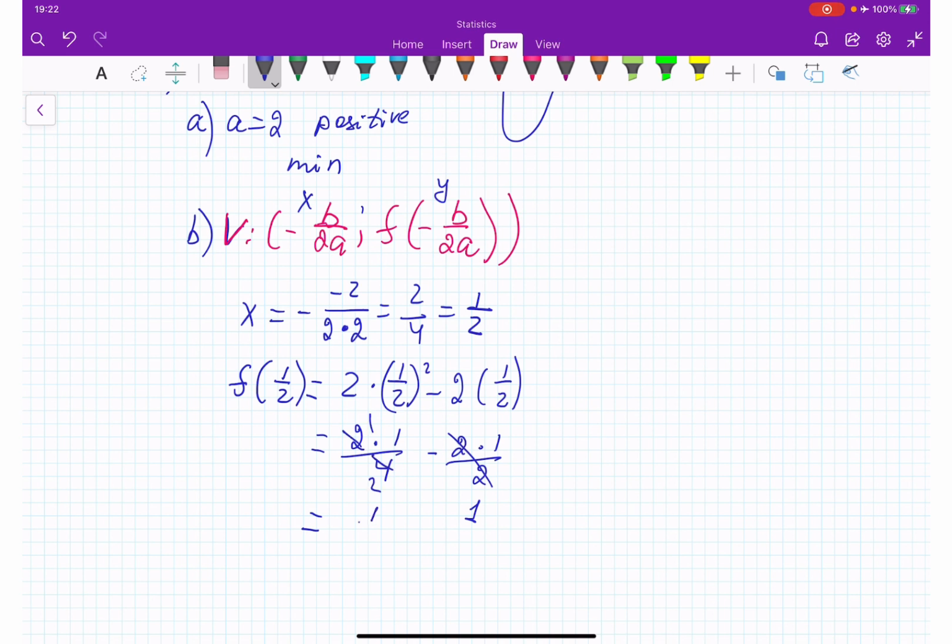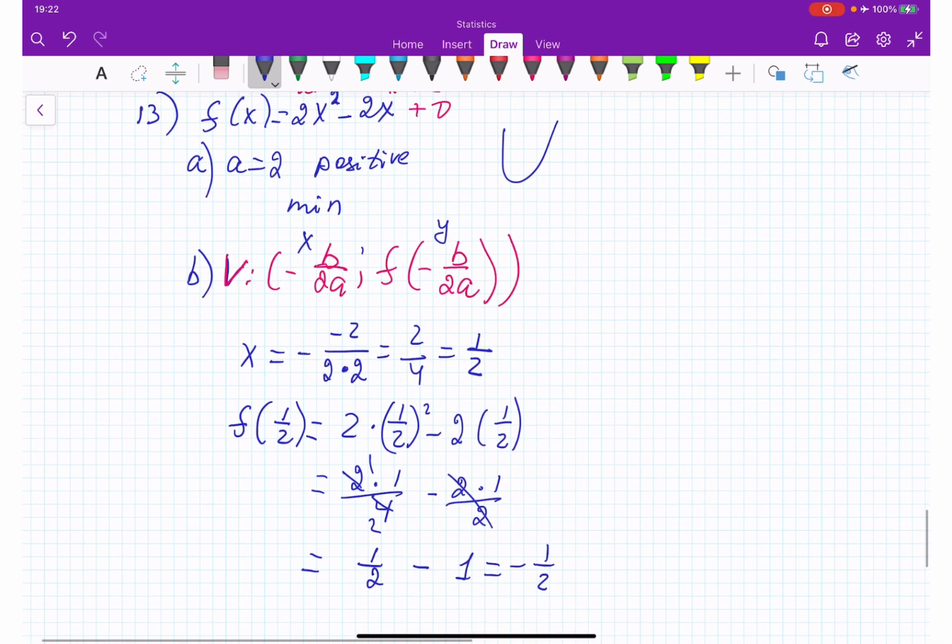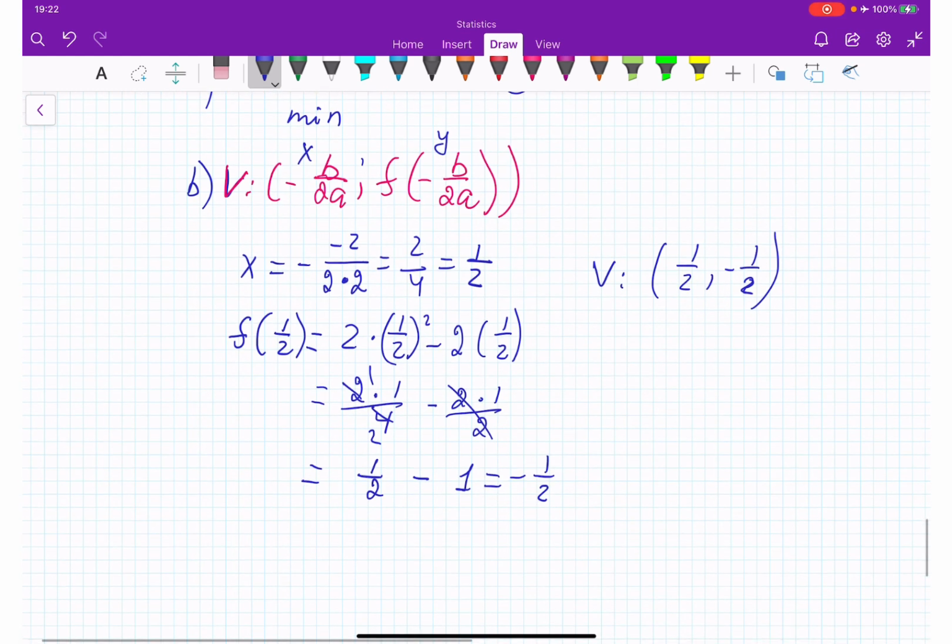It's going to be 1/2 minus 1, which is going to be negative 1/2. So this is going to be our vertex, which is going to be 1/2 is x, and negative 1/2 is going to be our y for the vertex.